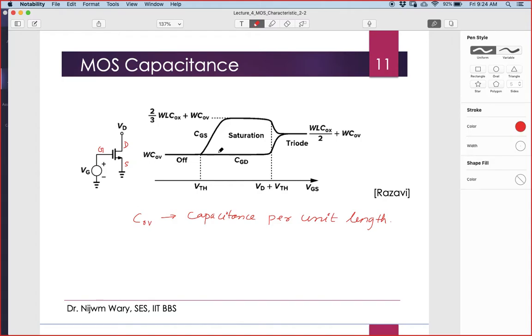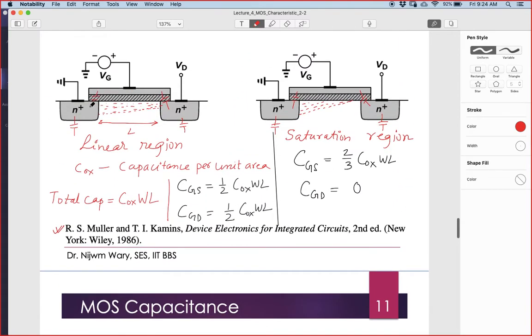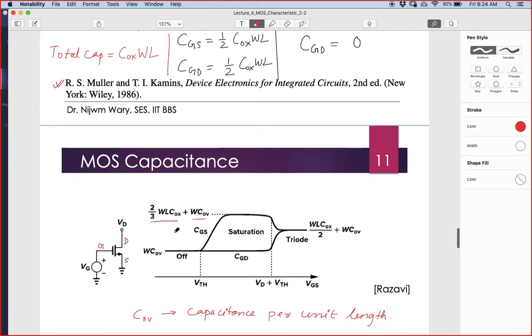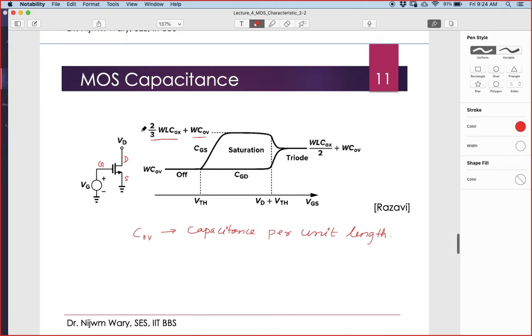As we have mentioned, CGS becomes 2/3 of W L COX plus this COV, which will always be there. So CGS will be 2/3 COX WL plus the overlap capacitance, W into COV.